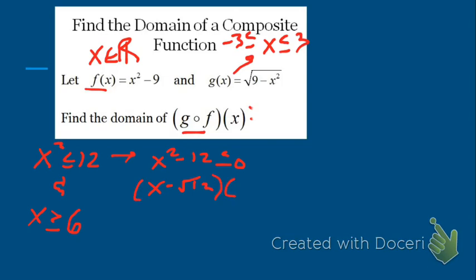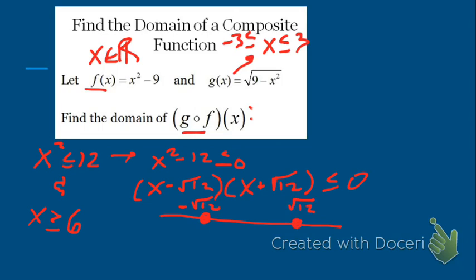using what we learned about polynomial inequalities, we get that the solution to x squared minus 12 is less than or equal to 0 is, after factoring this down to x minus root 12 times x plus root 12, we have a number line and we put root 12 on it and negative root 12.